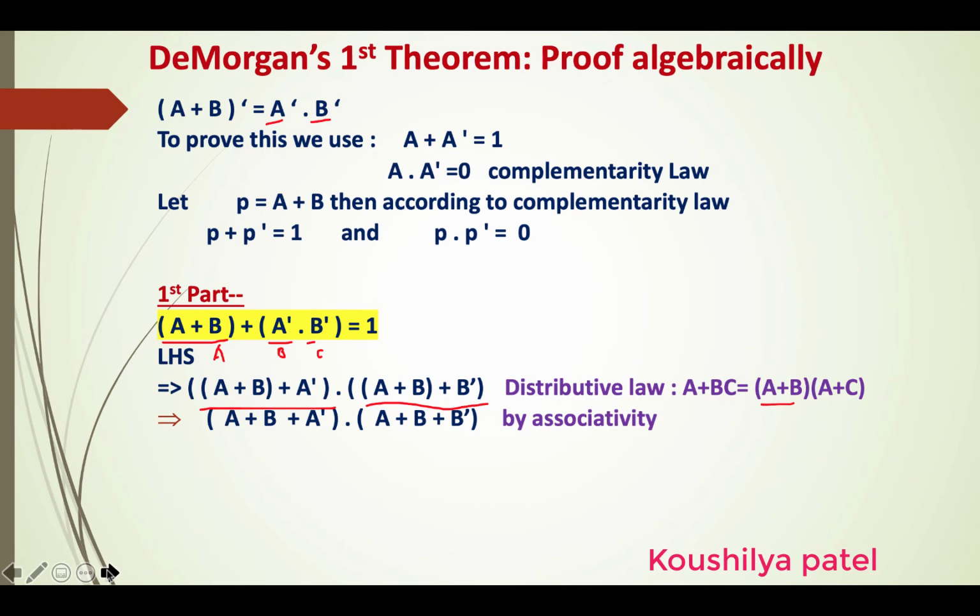Next, we will use associativity. As per the associativity, we just remove the bracket so that we get A plus B plus A dash into A plus B plus B dash.